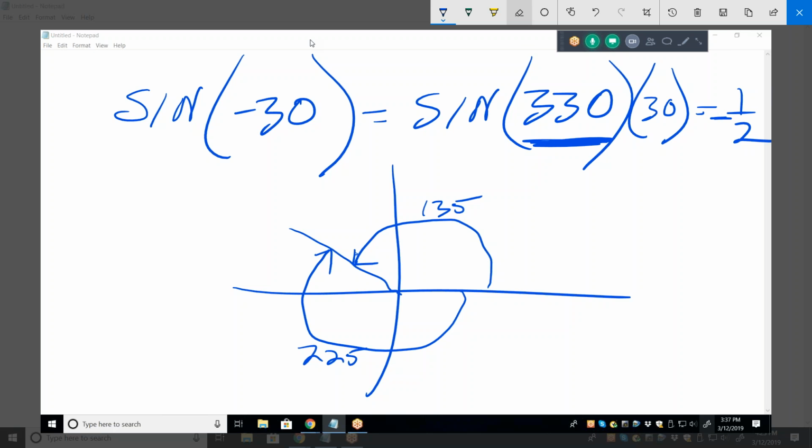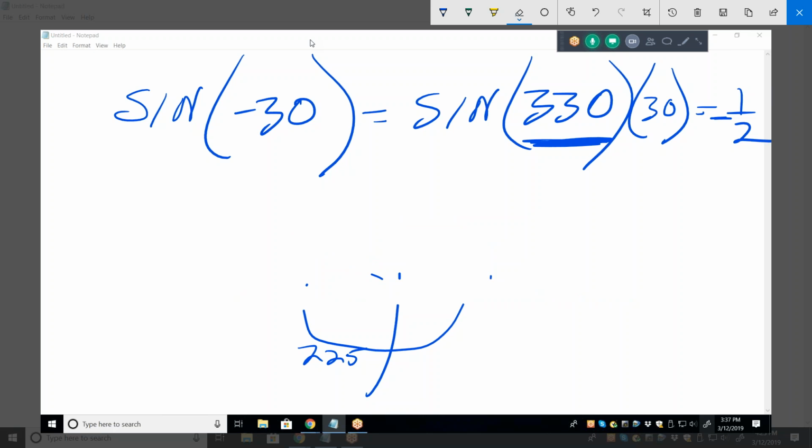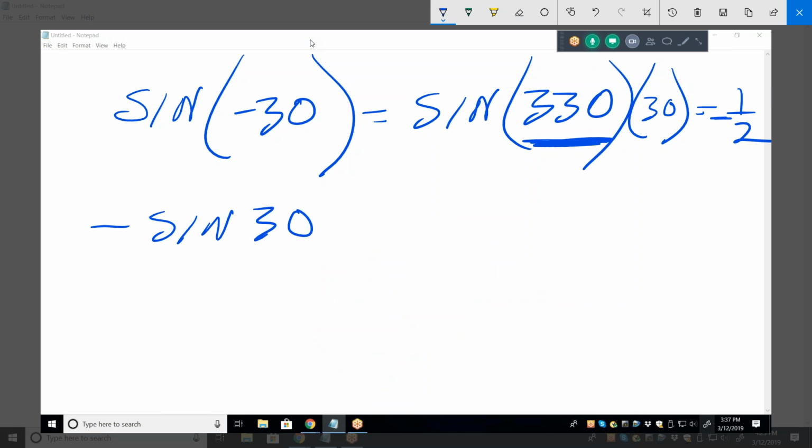But it's much easier if you know the odd-even property rather than converting it to 330 in the first place and then converting it back to 30. I'm just going to say that this at the beginning is the same as this, and I know what sine of 30 is, so it's minus 1/2.